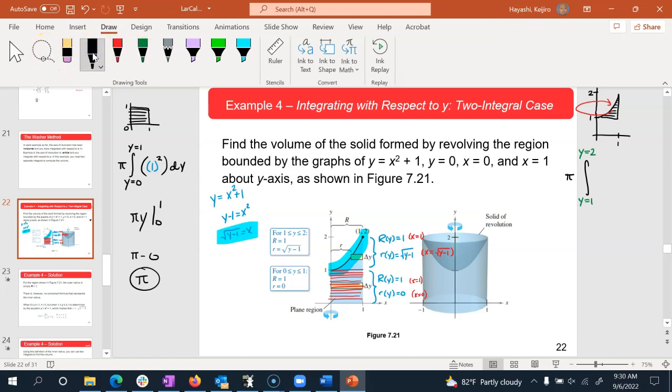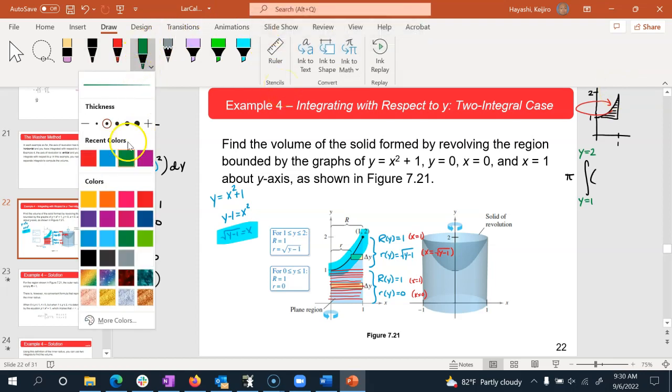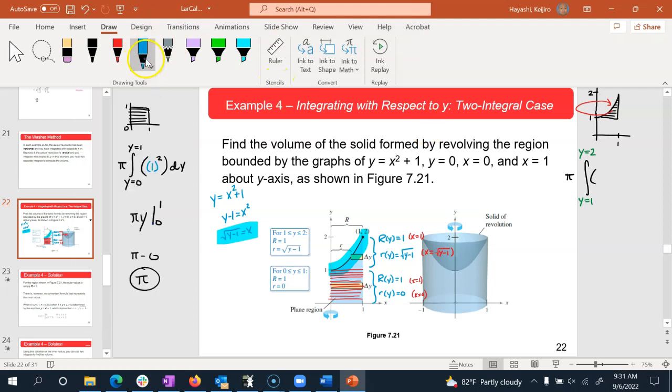So the outer radius is 1. This vertical line x equals 1, that's the outer radius. So you can just say 1 squared. So 1 gets squared minus the inner radius squared.